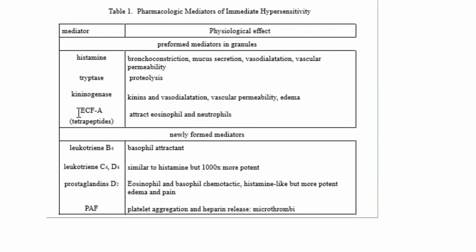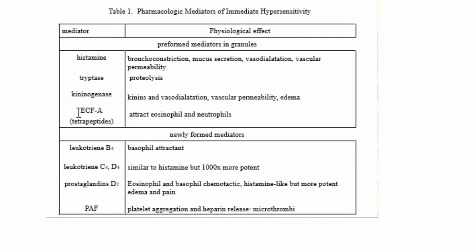Prostaglandin D2 causes eosinophil and basophil chemotaxis, is histamine-like but with more potent edema and pain. And the platelet aggregation factor causes platelet aggregation and heparin release.